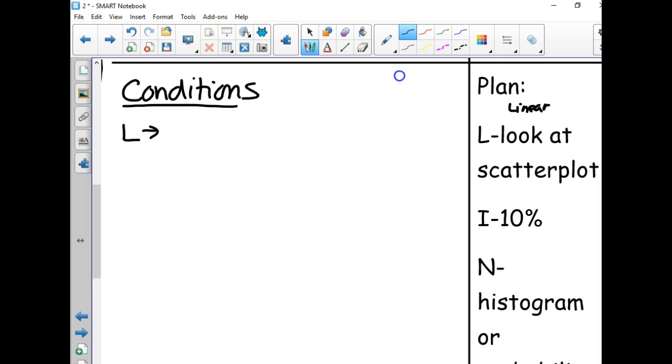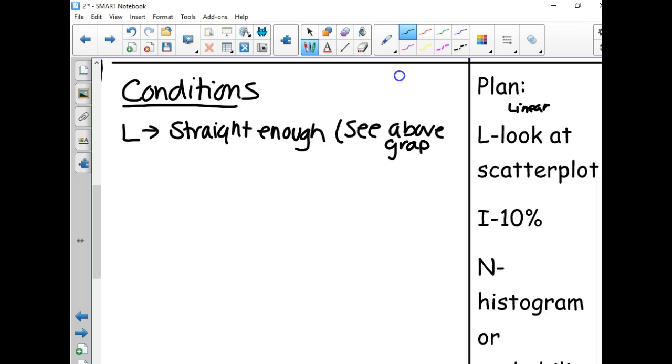L. Is our relationship linear enough? Is it straight enough? Yes. And see above. You do, because you're supposed to show it.